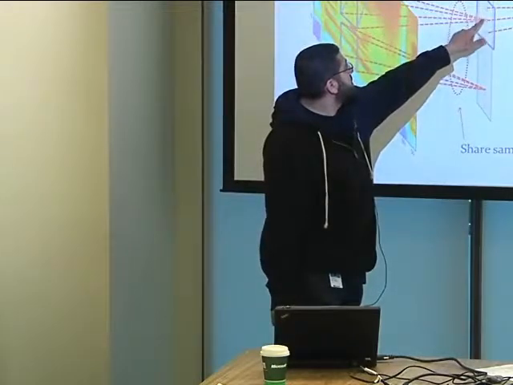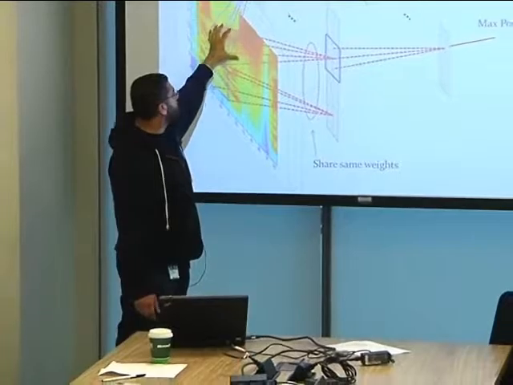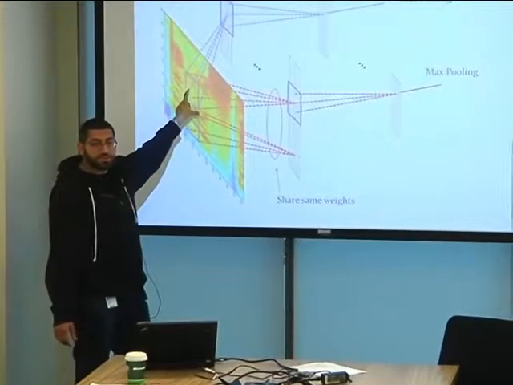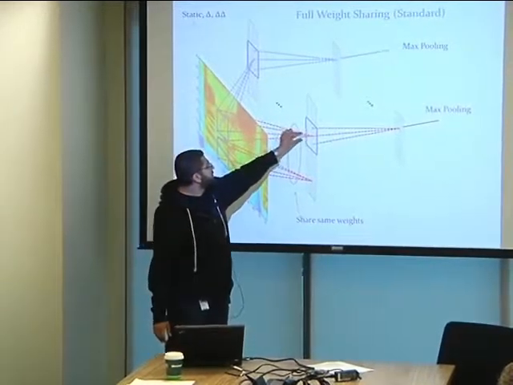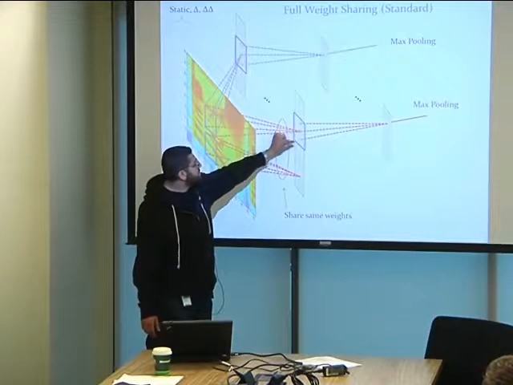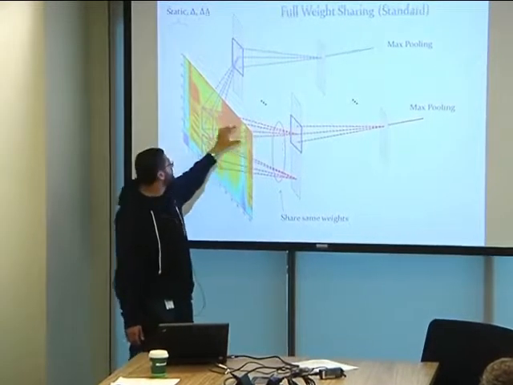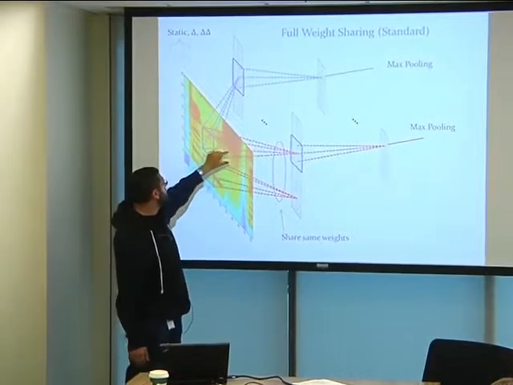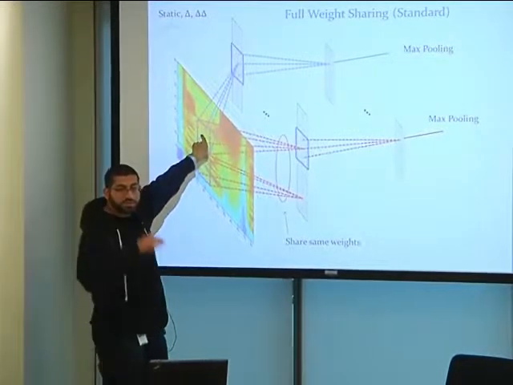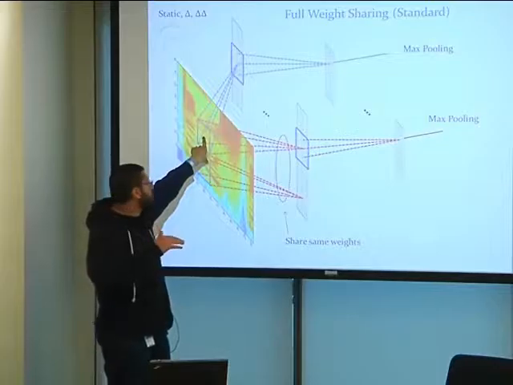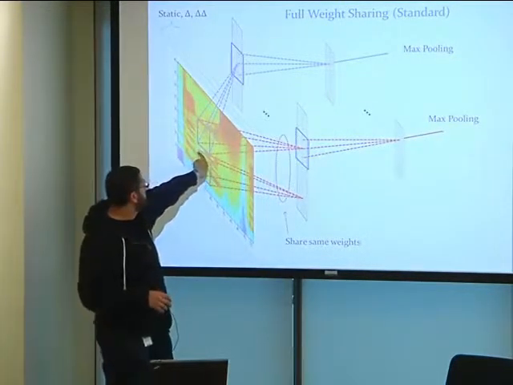This weight matrix only looks at a local part of the spectrum, not the whole frequency axis, and the weights are shared between all these nodes. So, for example, this node will have the same weights, but will receive input from a lower frequency, shifted by one filter bank. And this node will receive input from this part.